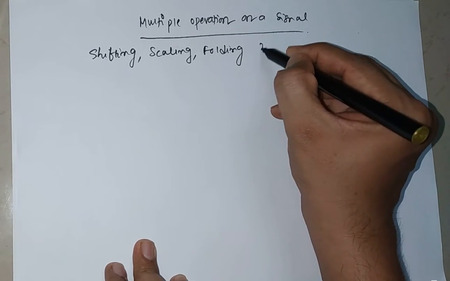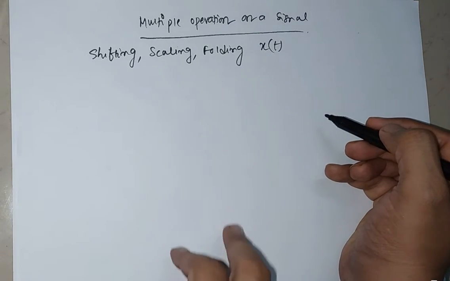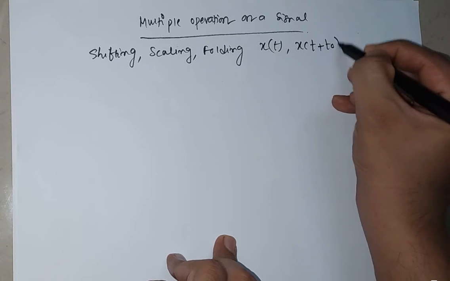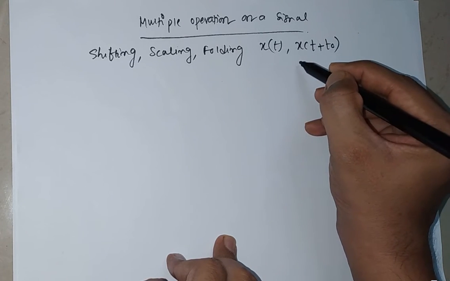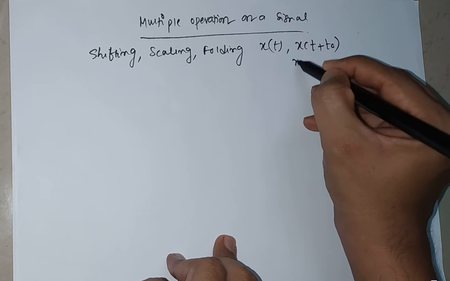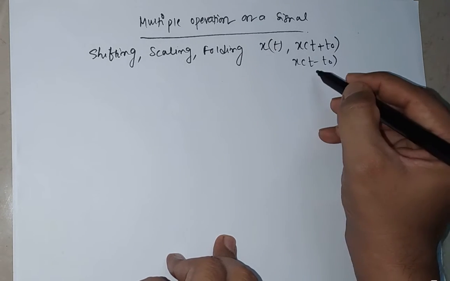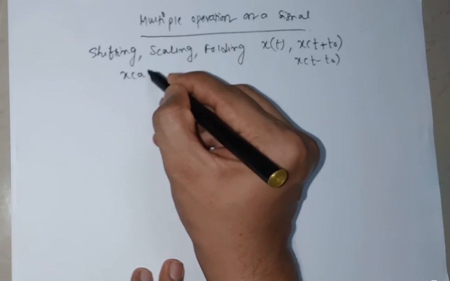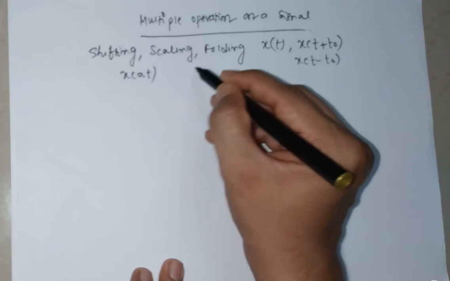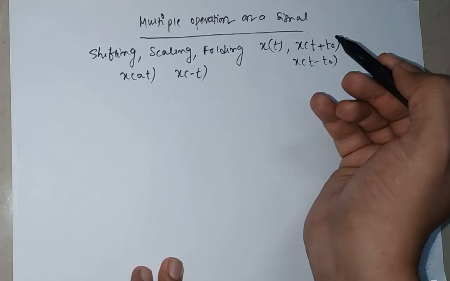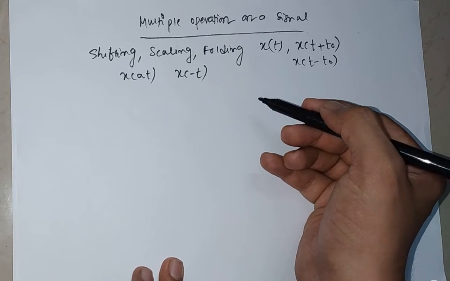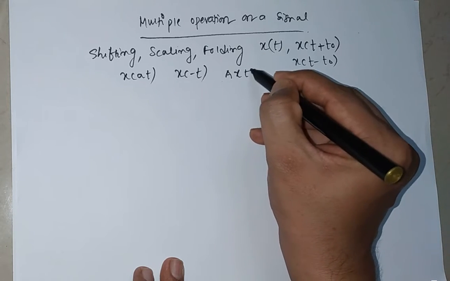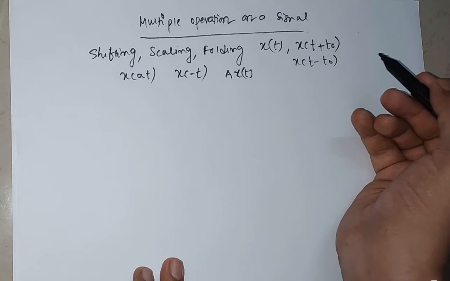If x of t is a continuous time signal, then x of t plus t0 is known as a time advance, x of t minus t0 is known as a time delay, x of at is known as time scaling, and x of minus t is known as time folding of a signal. And amplitude scaling is a times x of t.